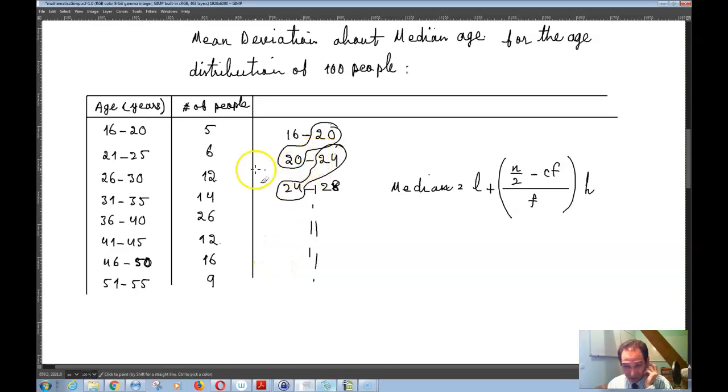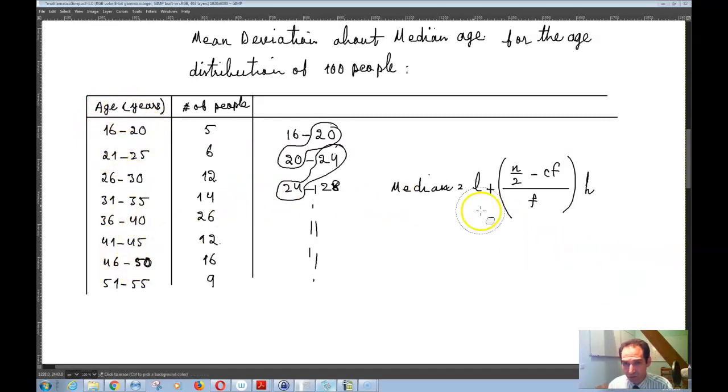Since everything in statistics has been done like this, I would think that everyone whose age is 16, 17, 18, 19, and 20 has been accommodated into this class, because these classes are not continuous.